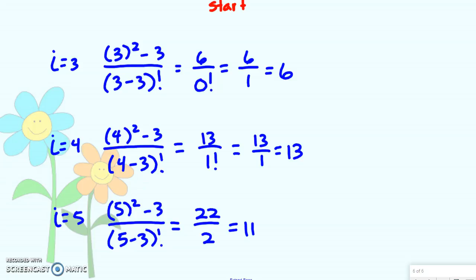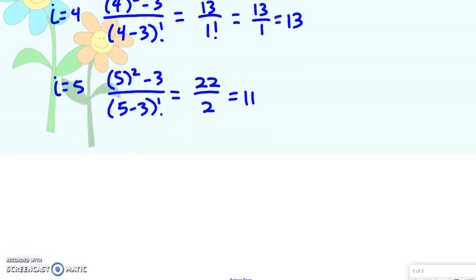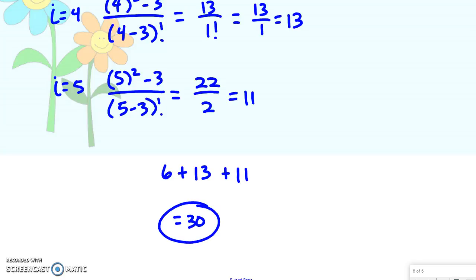So these are my 3 terms, and then since it's a summation, I need to add these. So I'm doing 6 plus 13 plus 11, and this also gives me 30. The answers to these aren't always going to be 30, just the 2 examples by chance happened to be 30.